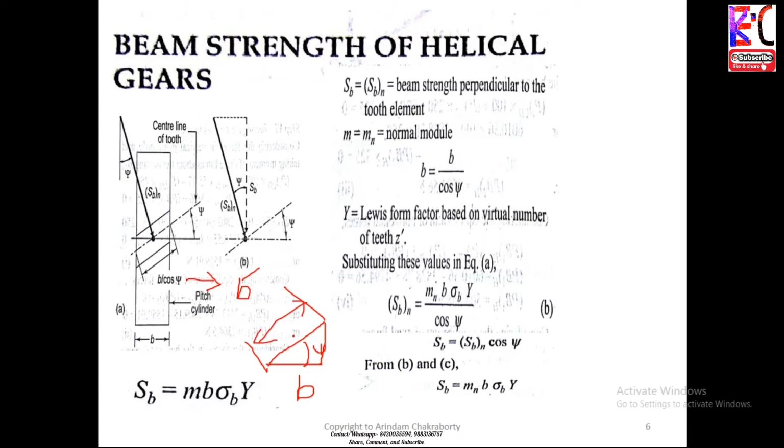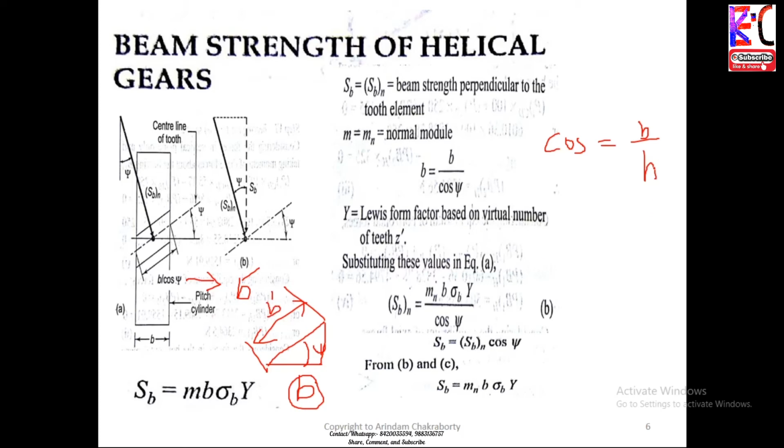This will be calculated with the value of cos. What do you mean by cos? Cos theta is equal to base by hypotenuse. Base is B, and the hypotenuse is B dash.